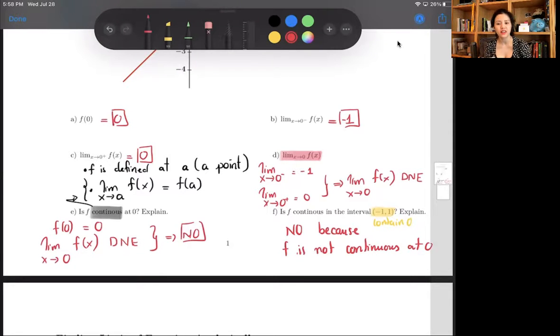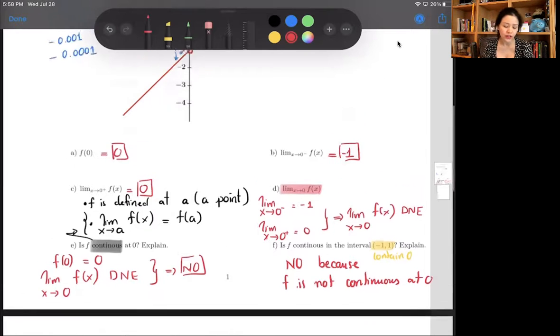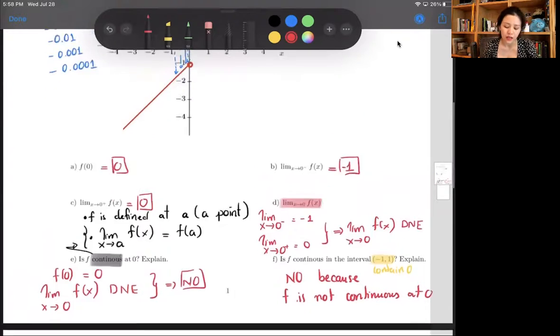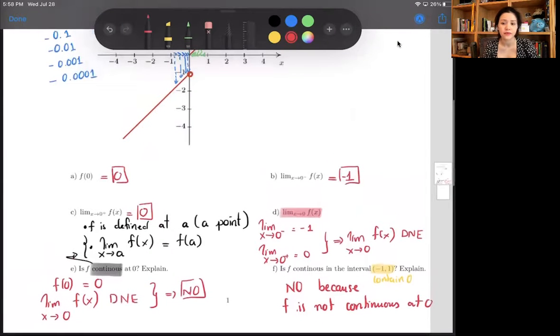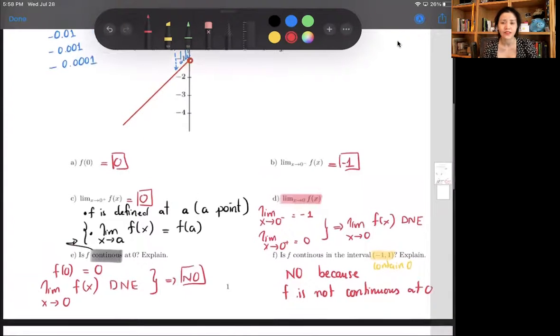In between that interval, there's a point that ruins this whole thing. Therefore, f is not continuous from -1 to 1. Okay, so that's how we find the limit using the graph. Thank you for watching.